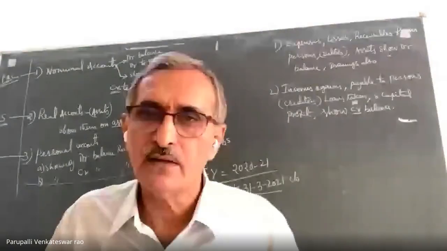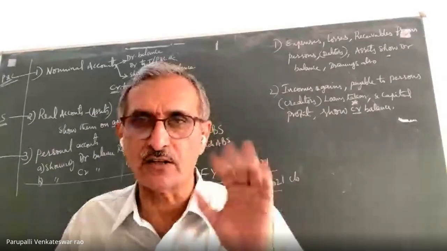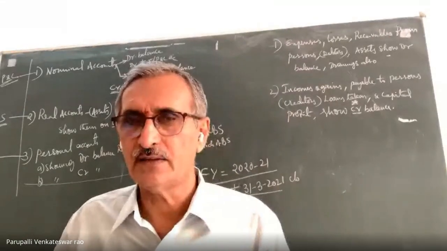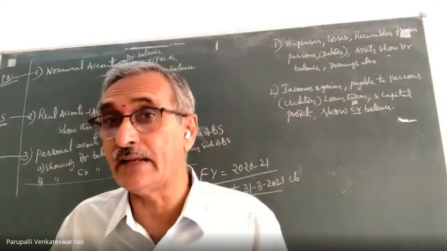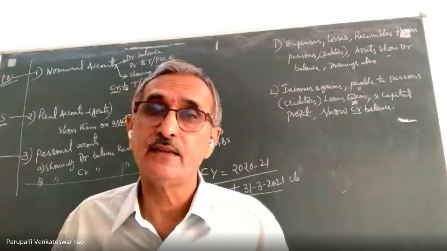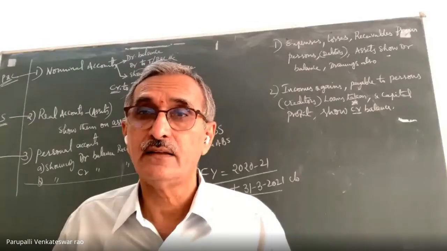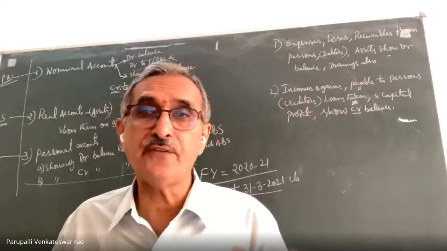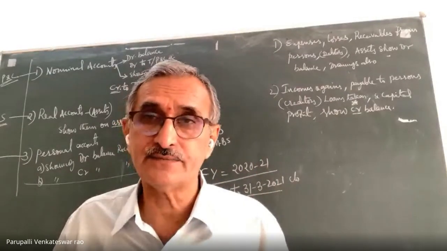Profit is a reward for risk taking. A businessman started a business, he is taking a risk. He may suffer a loss or he may gain, he doesn't know. So profit is payable to the proprietor.